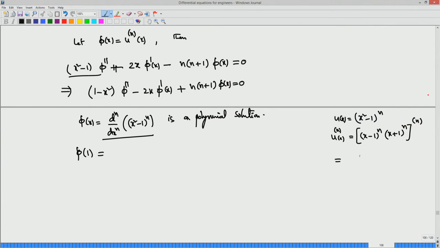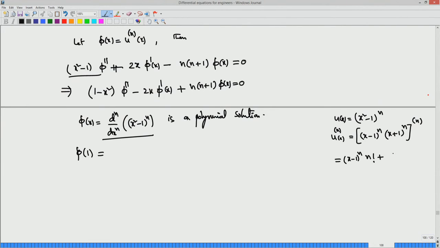So this will give me nC0, this as it is, (x - 1)^n, and you differentiate the other factor n times, and you get n factorial.